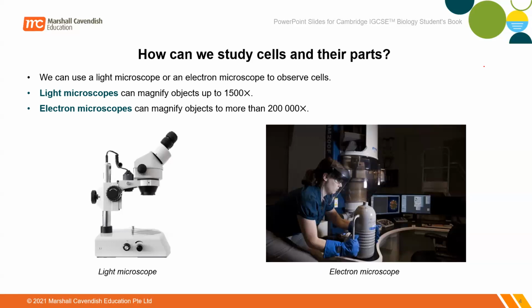It's not a matter of the difference in our course, but it's nice to understand that we can study any metabolic activity or any kind of movement of a living organism by using the light microscope, but the electron microscope is used to study the deeply internal structure of the cell.